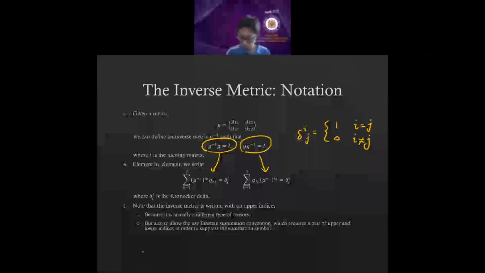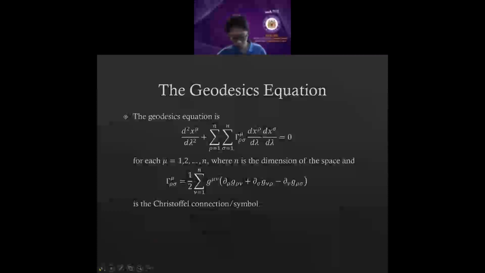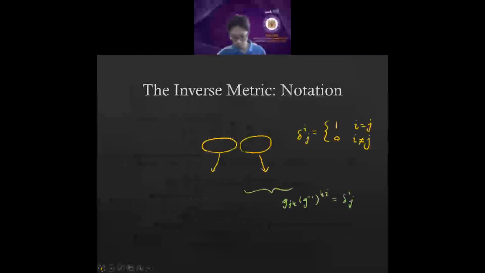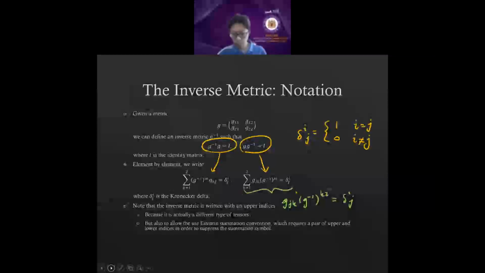So let me just recall. In the Einstein summation convention, we are just going to write this as g^{ik} g_{kj} = δ^i_j, where because we have an upper and lower index k over here, this implies that we should sum over k.